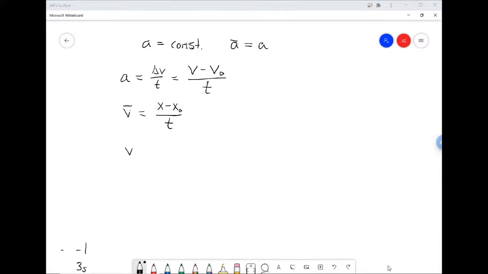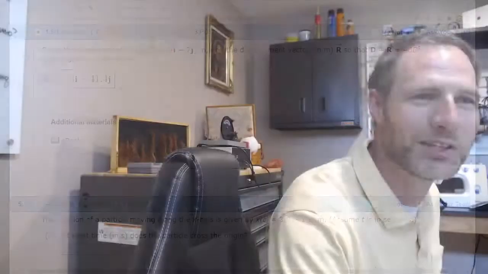And this is true because acceleration is constant. I think that if you think about it, you're like, well, this makes complete sense. If you have a quantity and you want to know what its average is over an interval of time, and that quantity can change because it could be accelerating or decelerating, but the rate of change is constant, another way you can think about the average is, well, what was it when you started?